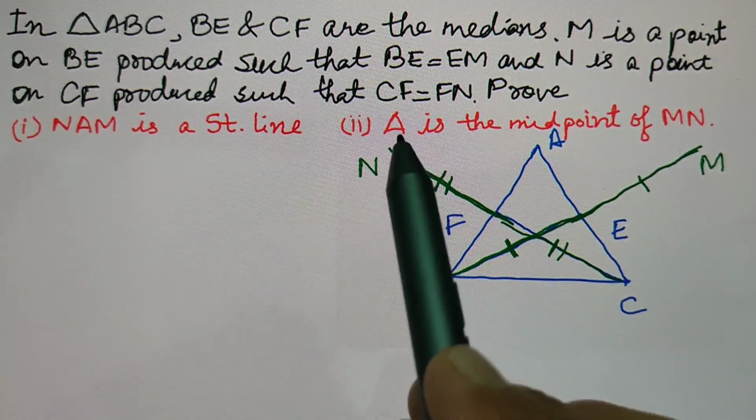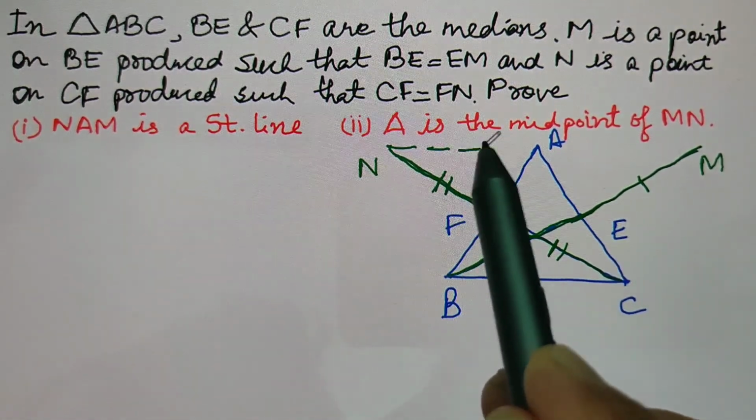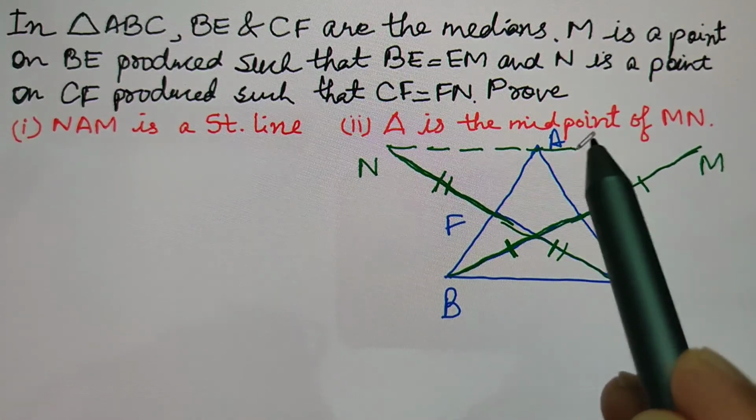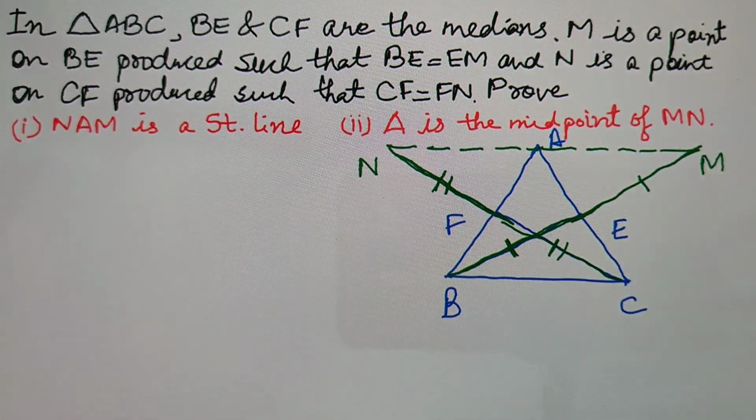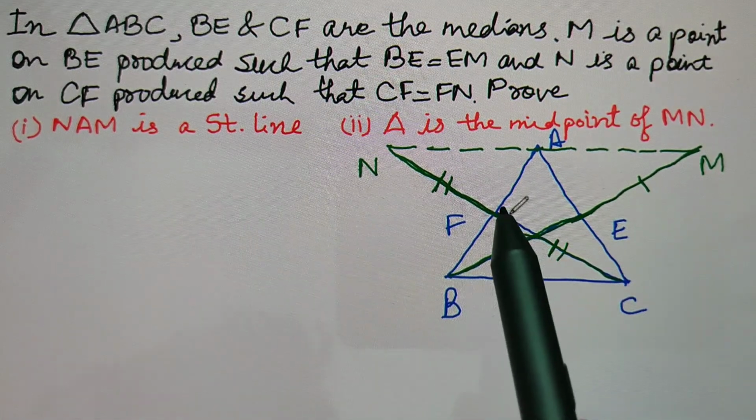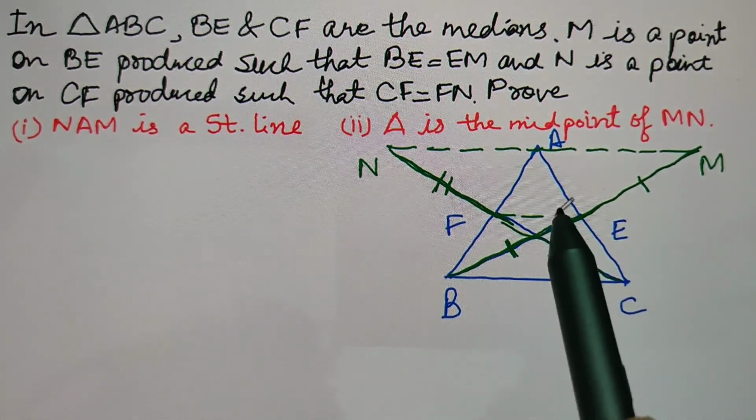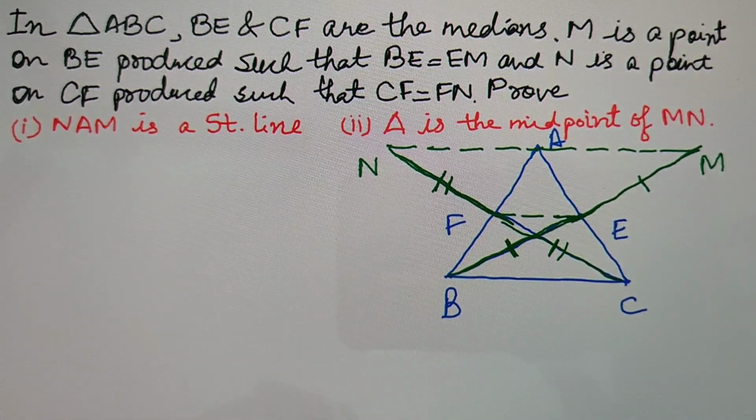Now what we can do is we can join N with A and A with M. Now as a constructional part we can even join F and E.